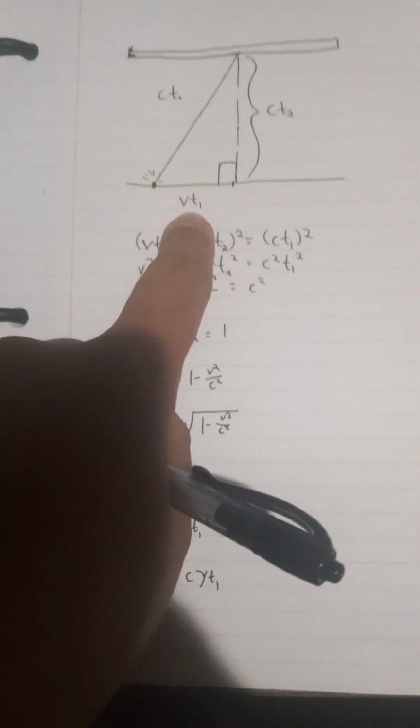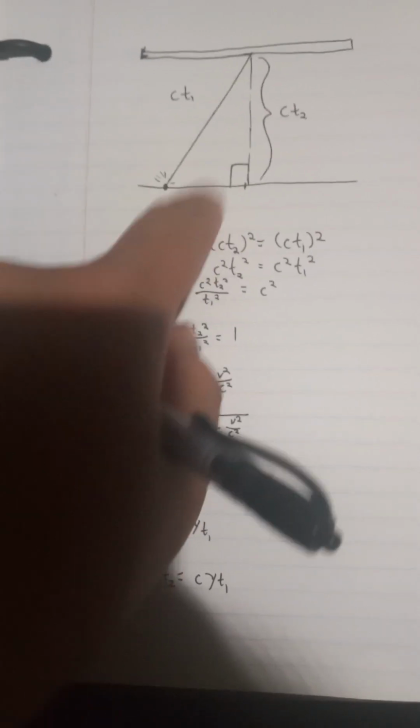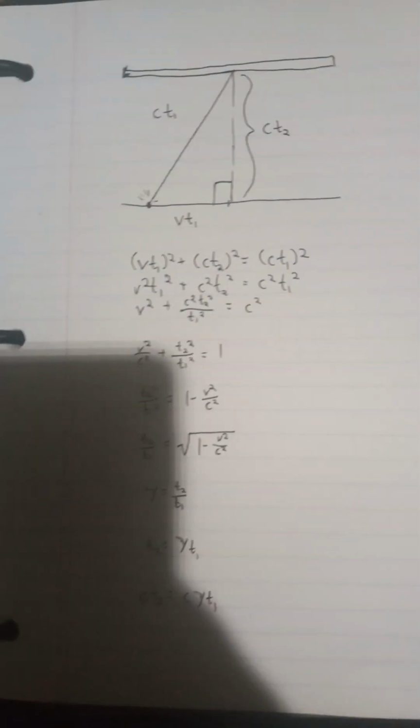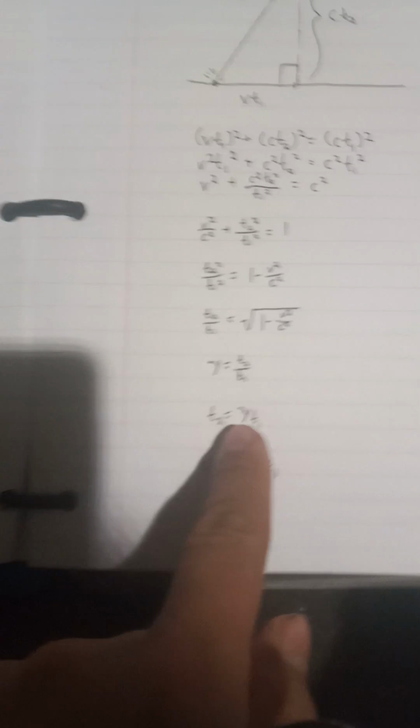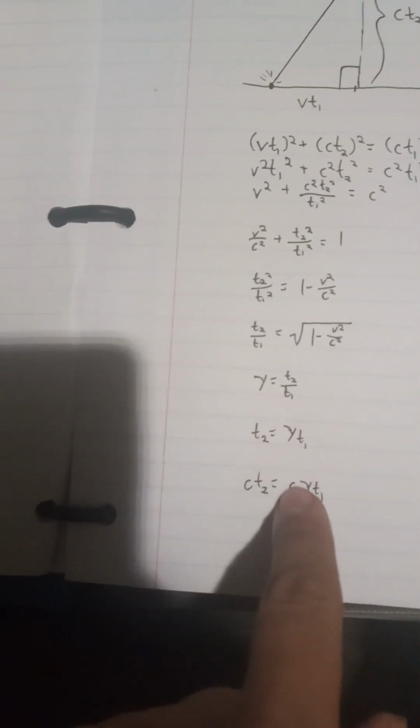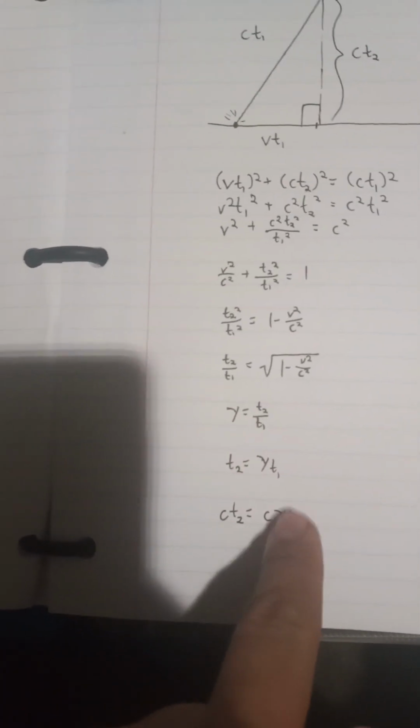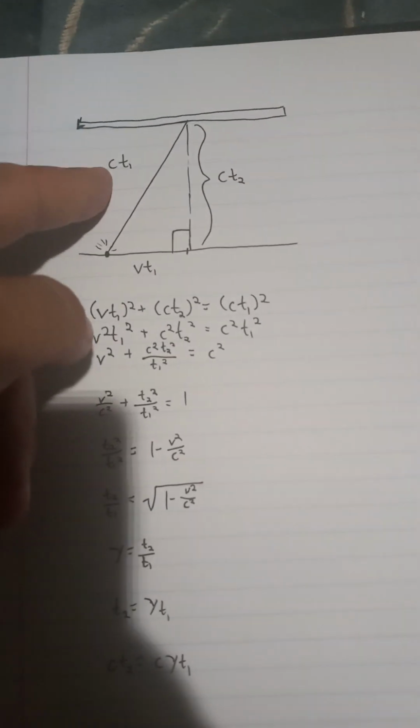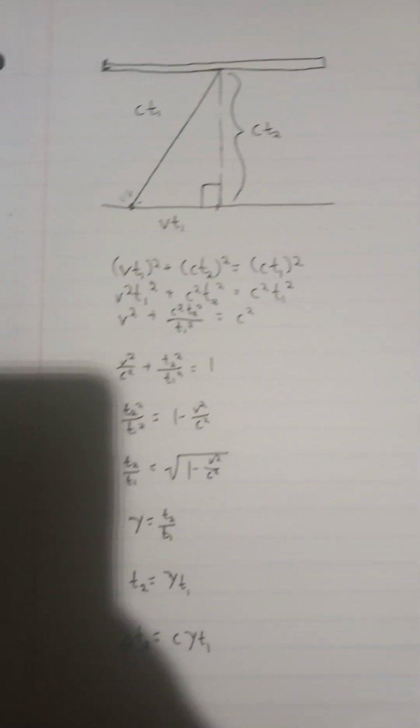So now, knowing this, if we know how far we've traveled, or how long we've traveled, we know exactly how long this line is. And so this gamma term right here is kind of like a coefficient that allows us to convert this time right here, t1, into this time right here, t2.